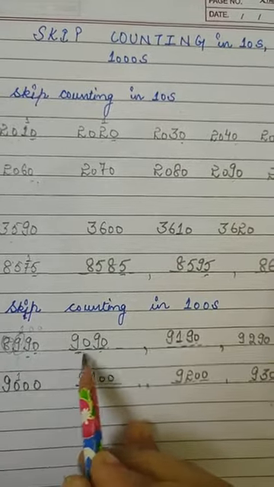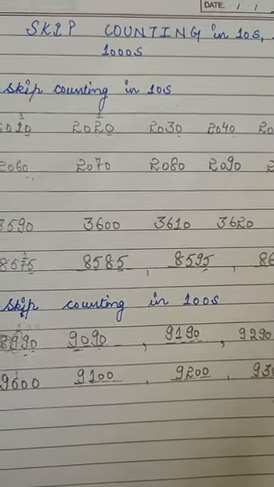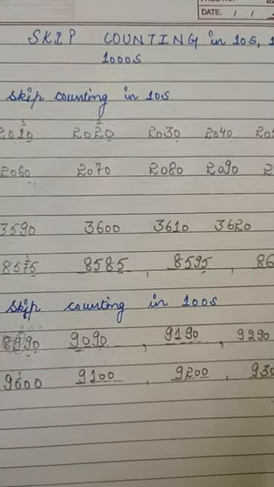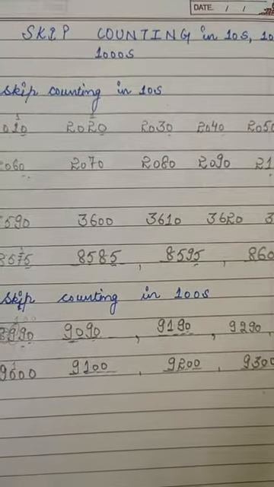You can see over here. So in this way we can do skip counting in hundreds.